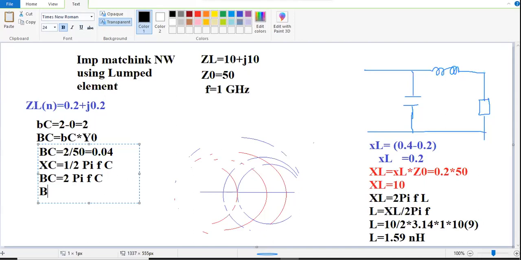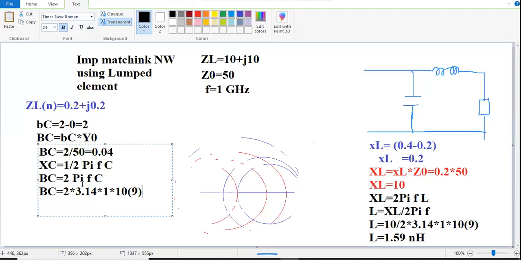Now you can put the values for this. So 2 into pi, that is 3.14, and F is 1 gigahertz, 1 into 10 to the power 9, and C. Now C you want.